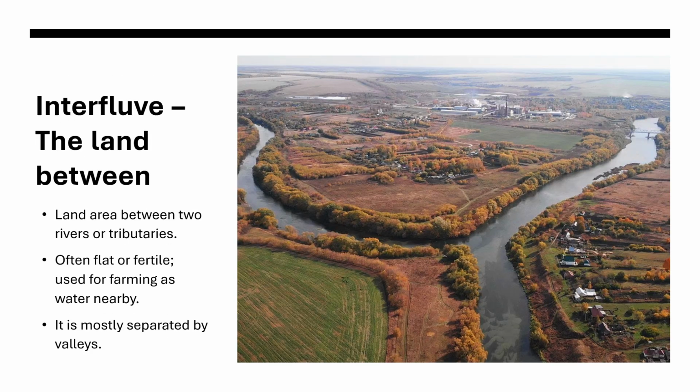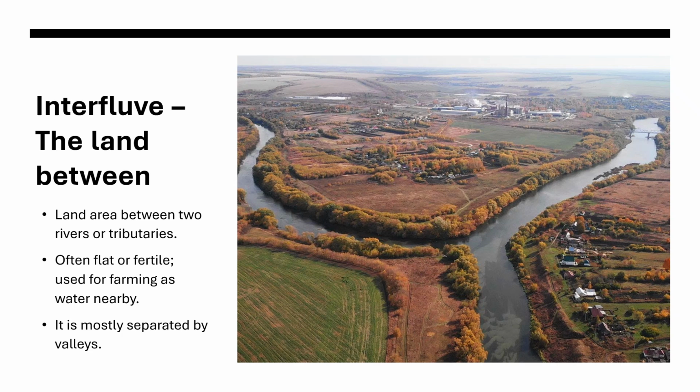So this is our next feature, which is called what? The interflow, the land in between. So let's define the interflow. This is one of the important features. You'll understand as we proceed why I'm saying it's the important feature of the river system.